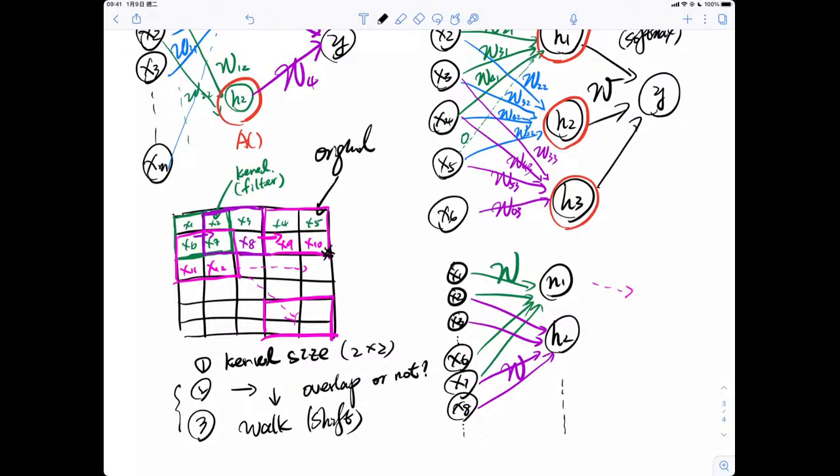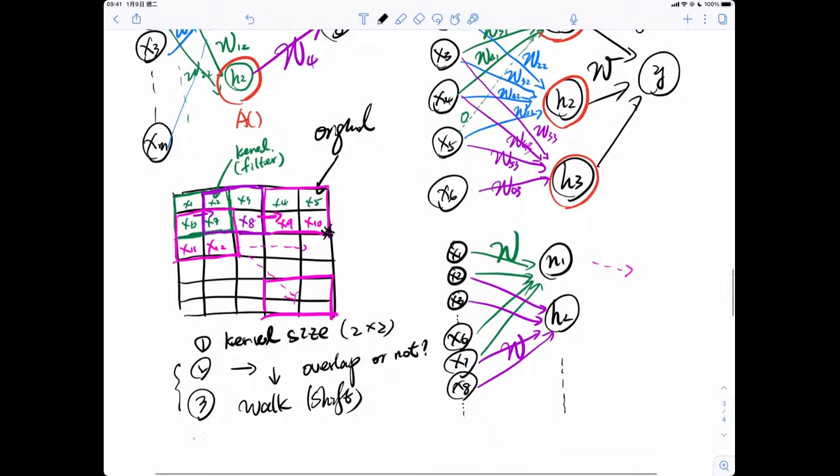You can shift your kernel every time by a different amount, which we call stride. You can decide what your stride is. You can stride 1 step, 2 steps, or 3 steps to the right. That is your own decision. The other one is called padding.